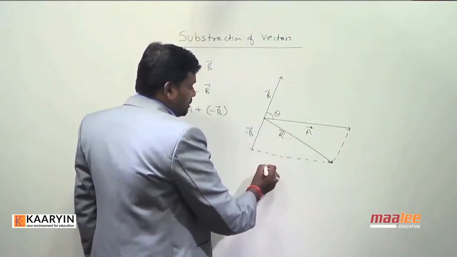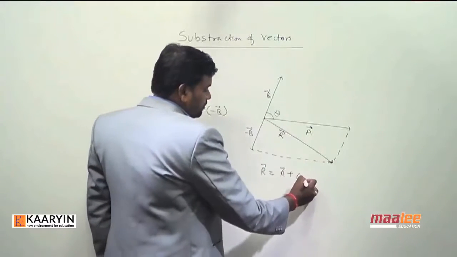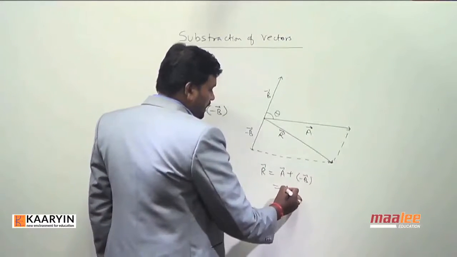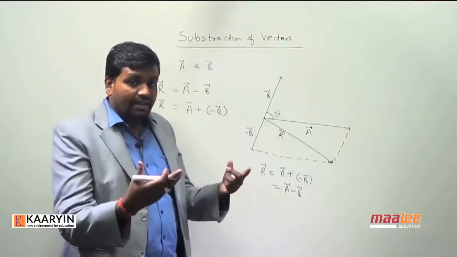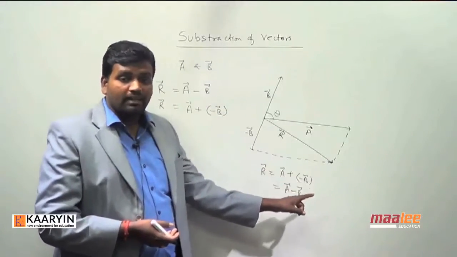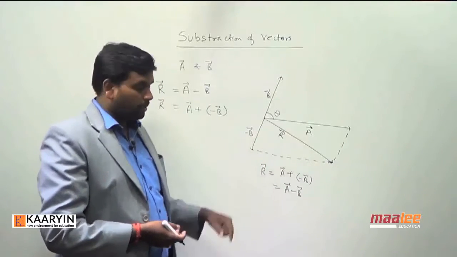And what addition is it representing? A plus minus B, which is nothing but A minus B, correct. So, we are actually adding vector A and vector minus B.